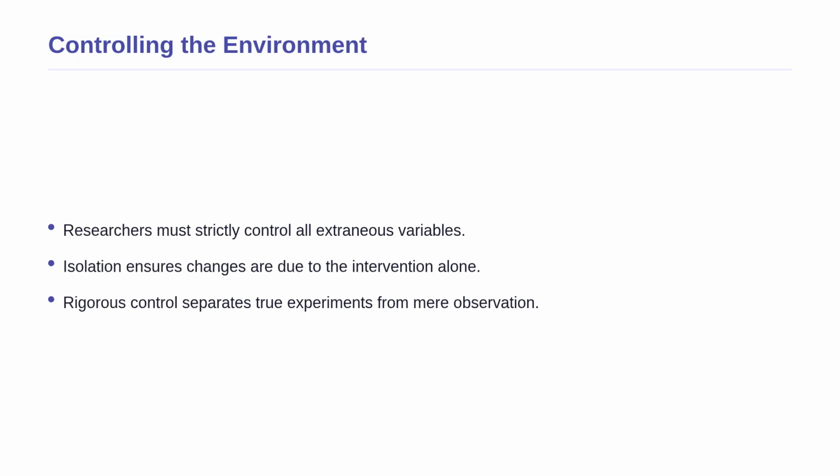By isolating the specific variable of interest, the researcher can confidently attribute any observed changes directly to their intervention. This rigorous control and manipulation are exactly what separate a true experiment from mere observation, where a researcher simply watches what happens naturally.